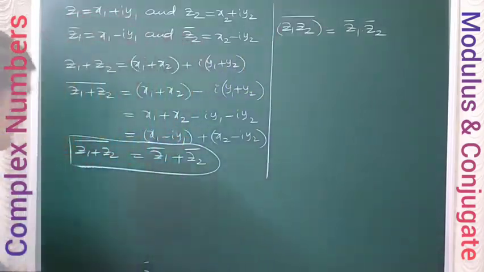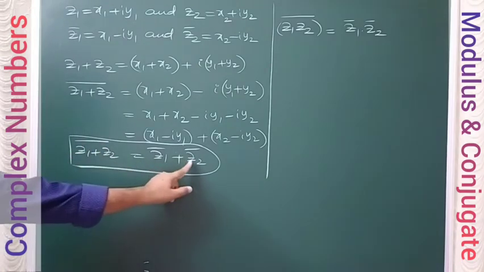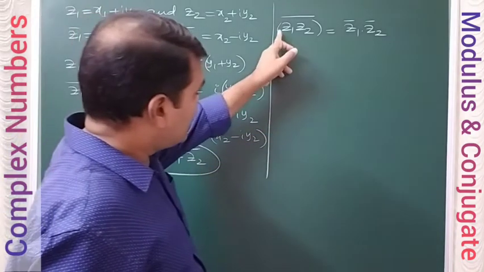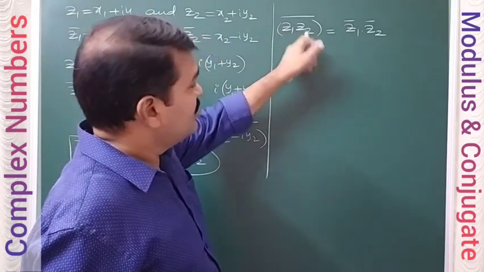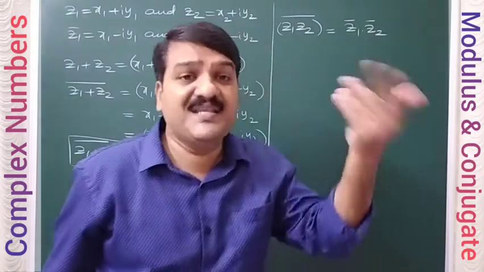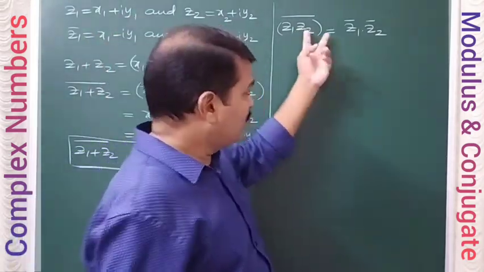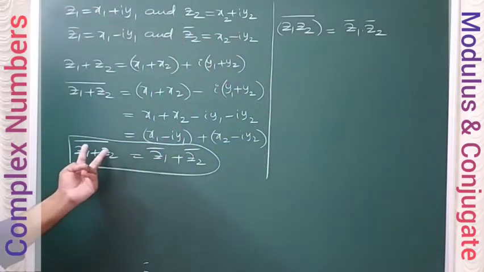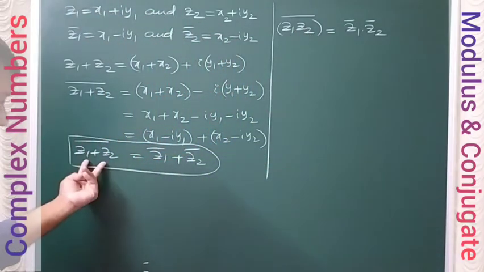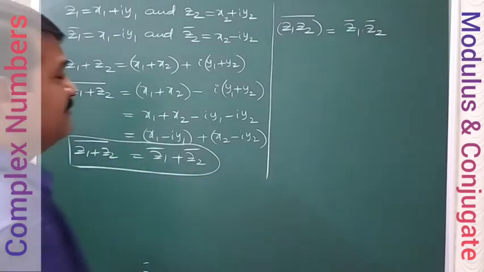So therefore, whenever you have sum of complex numbers, you can separate conjugate for both of them. When you have product of complex numbers, you can separate conjugate for both of them. And this can be extended for more than two complex numbers also. We have taken two complex numbers here. If you have sum of three complex numbers, four complex numbers, then also the same property will be applicable.